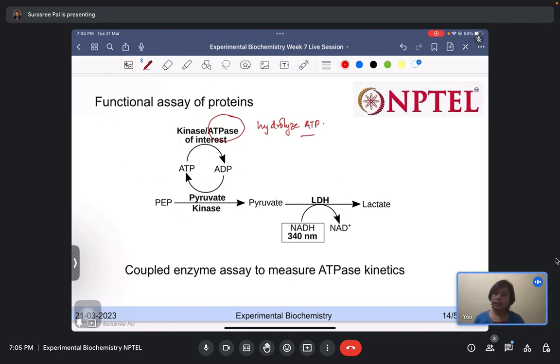The kinetics of this ATPase activity, or the rate of ATPase activity, we can determine from this functional assay, which is a coupled enzyme assay. What we usually do here is that we have this substrate called PEP, which is phosphoenol pyruvate.